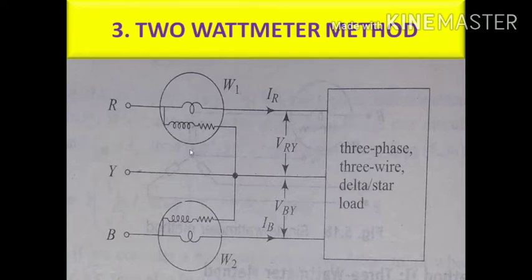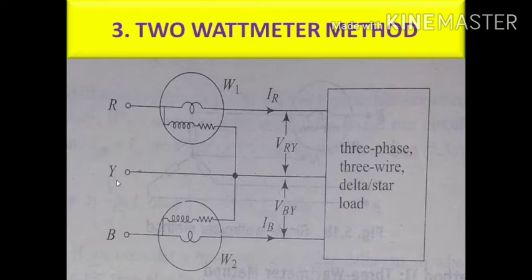So look at the connection of the pressure coils. The pressure coil of the first wattmeter and the pressure coil of the second wattmeter are connected to the remaining phase, that is Y. So R and B are the two phases where wattmeters are connected, and the pressure coils are connected to the remaining phase, that is Y.